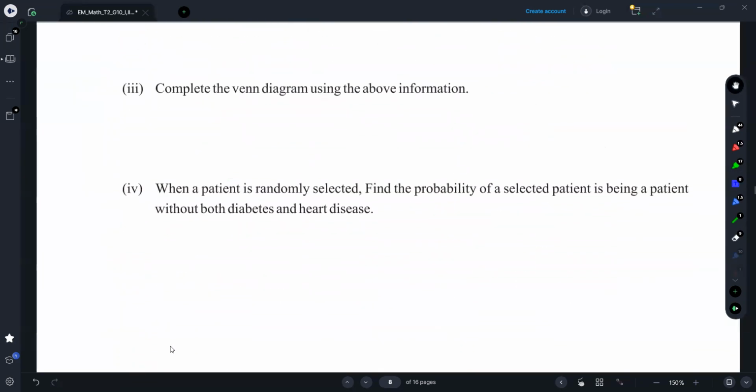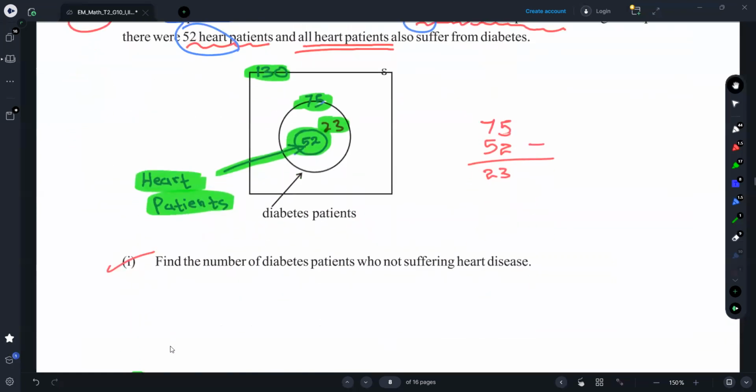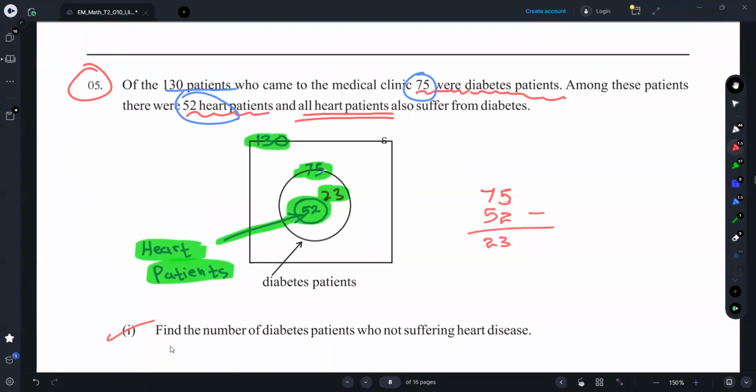Okay. When a patient is randomly selected, find the probability of the selected patient being a patient without both diabetes and heart disease. To do that, we have to find the number of patients who don't have heart problems and diabetes. How can we do that?